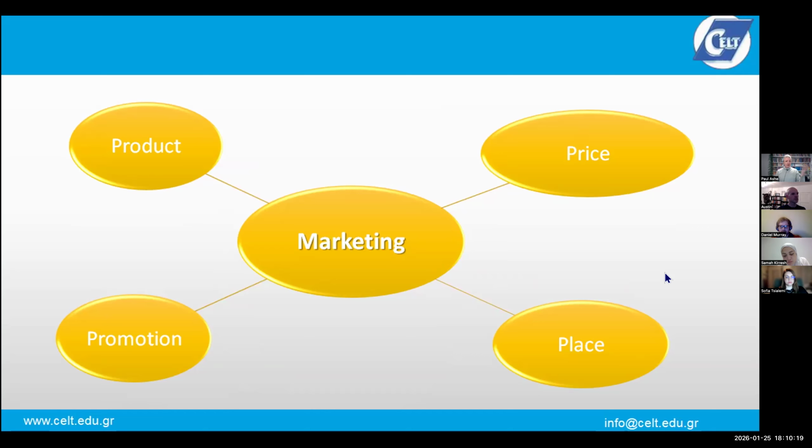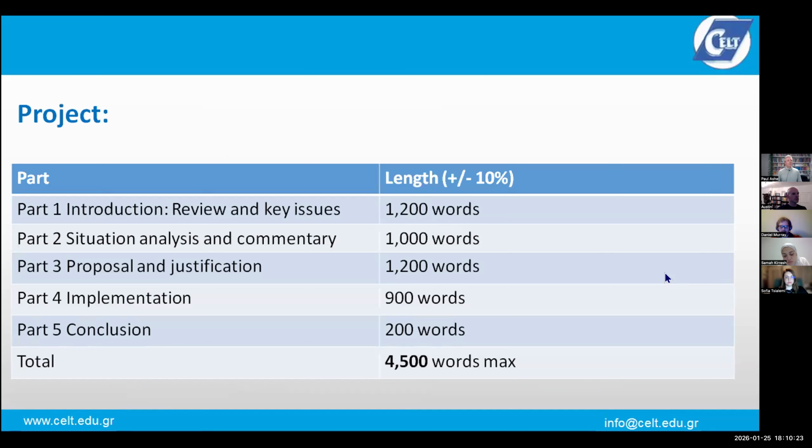Okay. So anyway, before we get into further details, let's have a look at the format of the assignment. It's divided into 5 different parts. The word length, as you can see, has a sort of 10% leeway, but the final word count cannot be more than 4,500 words. Cambridge are very strict on that.